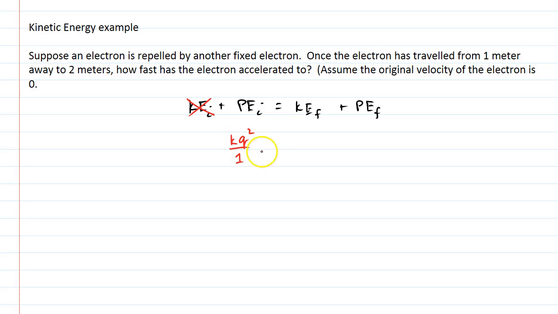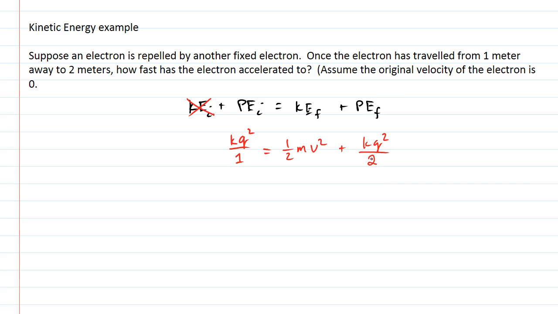Now the kinetic energy finally is going to be 1/2 mv squared, and the potential energy in the end is going to be kq squared again, but the distance has changed to 2.